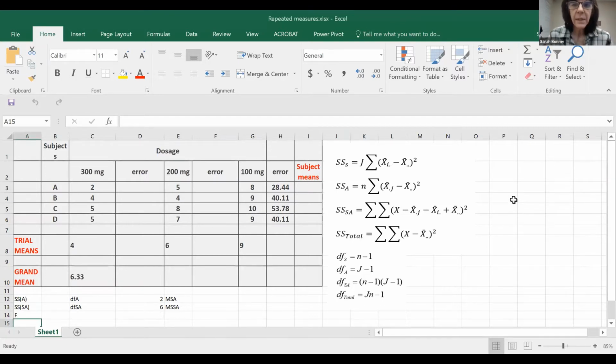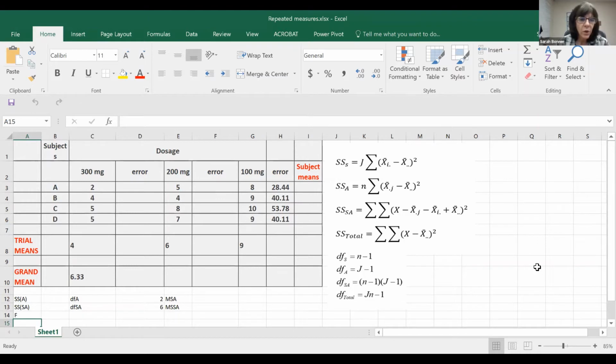Okay, so here we see the same data that was in the slide. We have the 4 subjects. They were measured 3 times each, I'm sorry.